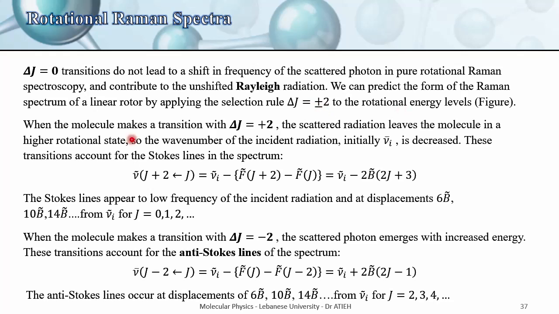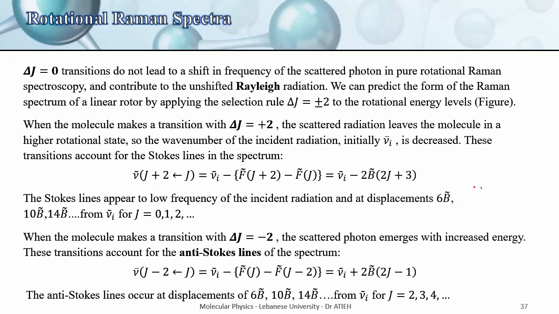Now, when the molecule makes a transition with delta J equals plus 2, the scattered radiation leaves the molecule in a higher rotational state, so the wave number of the incident radiation, initially nu I bar, is decreased. These transitions account for the Stokes lines in the spectrum.